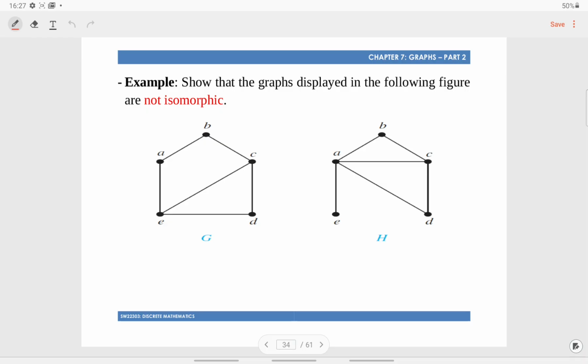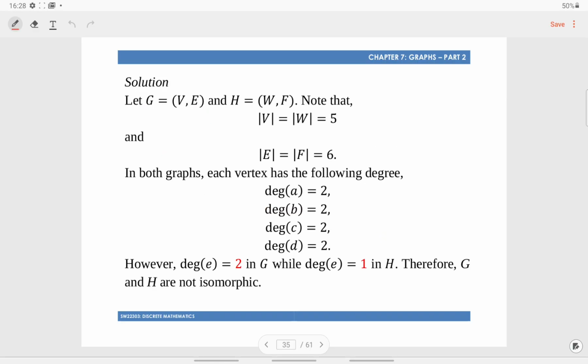To give the evidence, we can use the invariant values. We check one by one the number of vertices, the number of edges, and the degree of each corresponding vertex. If we can find any value that differs between G and H, then we can immediately conclude that G and H are non-isomorphic. Let's check one by one.